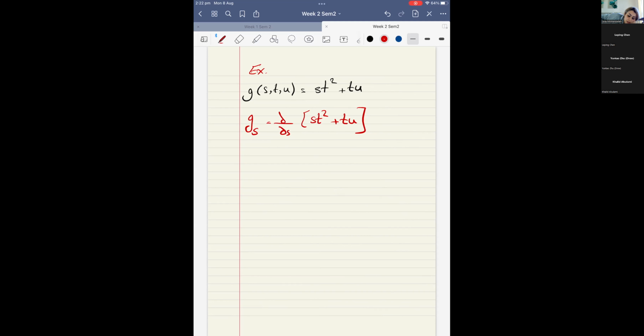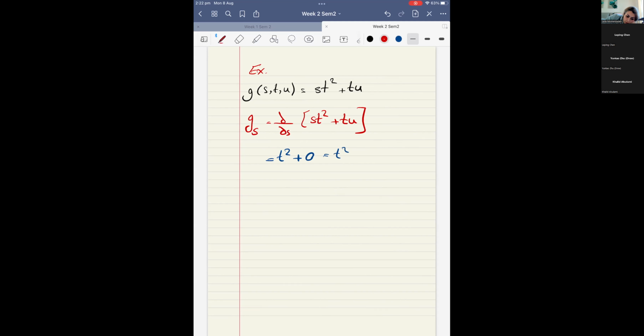Do you have any s in the second term? First term, yes. When you don't have any s, it means t and u both look like constant numbers. Now, what is the result? t squared, exactly. This one would be t squared plus 0, equal to t squared.